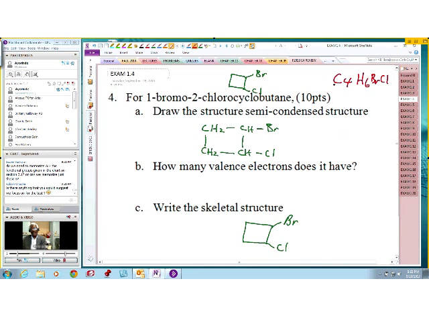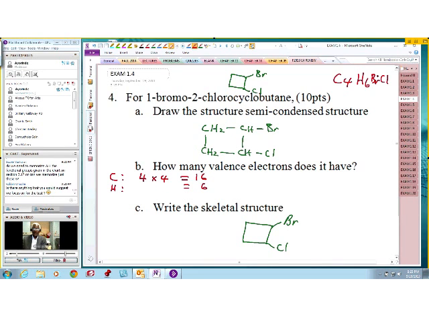Here, you know that carbon has 4 valence electrons. So that is 4 times 4, which gives you 16. You know that hydrogen only has 1 valence electron, so from hydrogen, of course, that is 6.